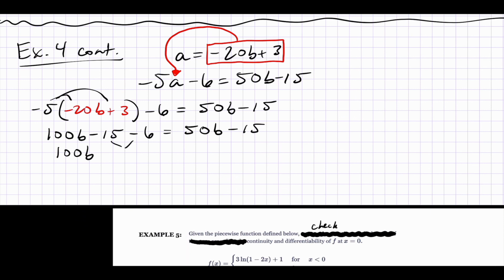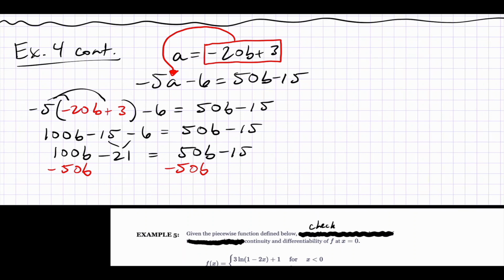100B, combine like terms, I get minus 21, equals 50B minus 15. Subtract 50B from both sides. 50B minus 21 equals negative 15.